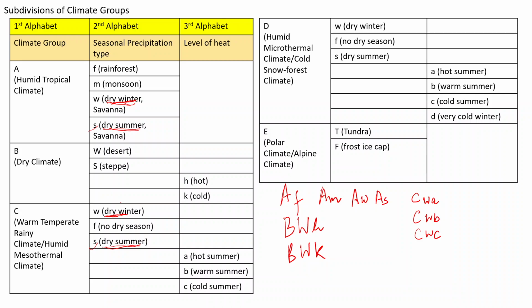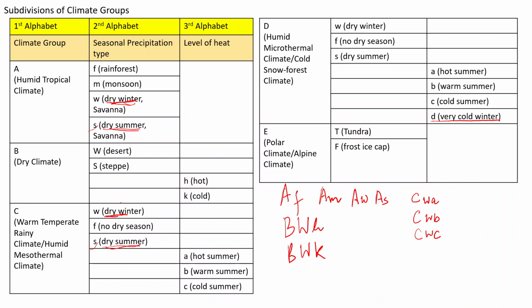Next is D, humid microthermal climate or cold snow forest climate. Here again we have the same classification scheme as in the case of C, but one thing we will be adding in the third alphabet: a, b, c stand for hot summer, warm summer, and cold summer respectively, but here we add d as very cold winter, because now we have gone to a cold snow forest climate regime.